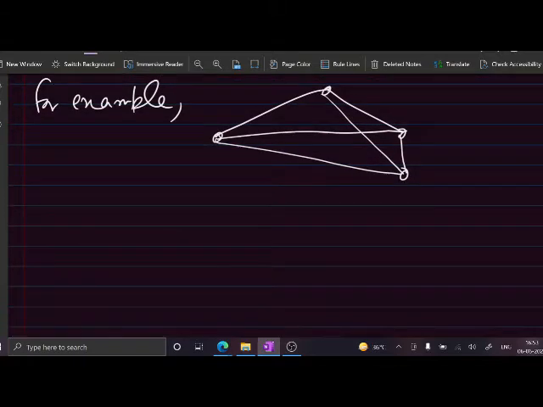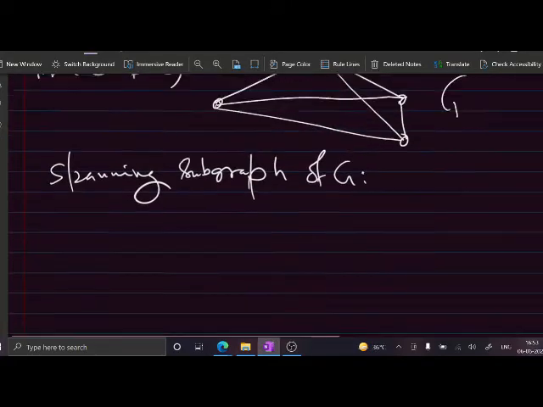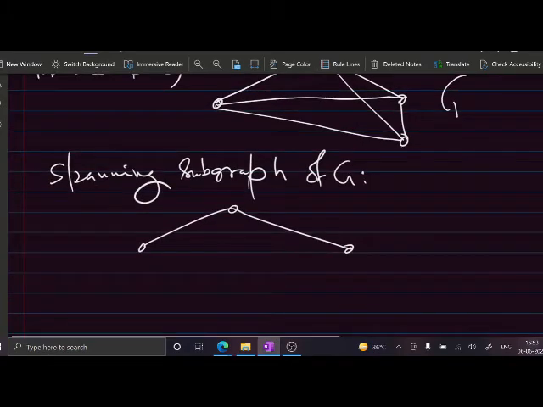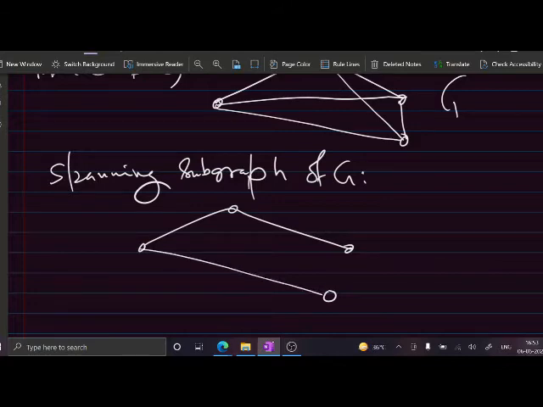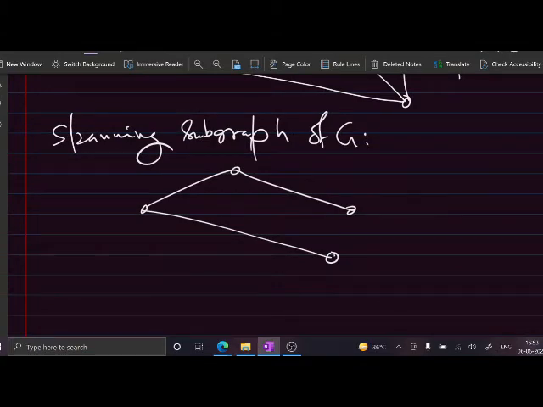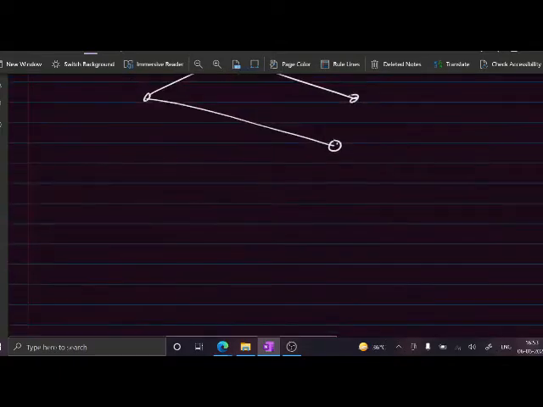Then this is a graph G, and you can define a spanning subgraph of G. First of all you take all the vertices, and then you take this one. So this is a spanning subgraph because it contains all the vertices.